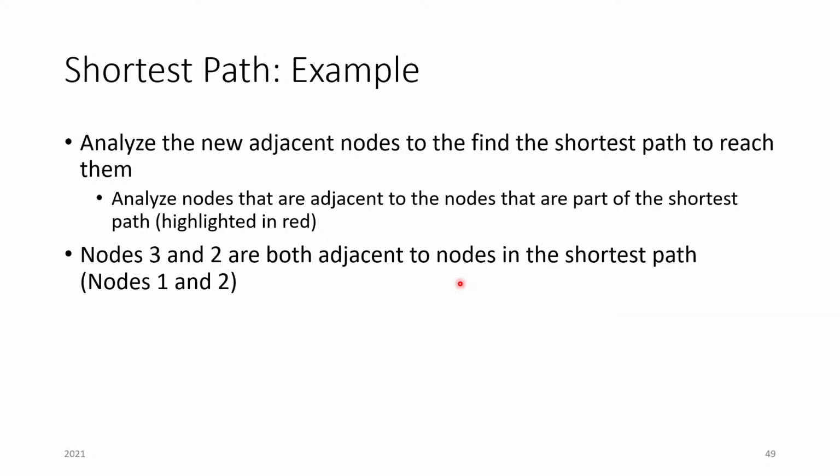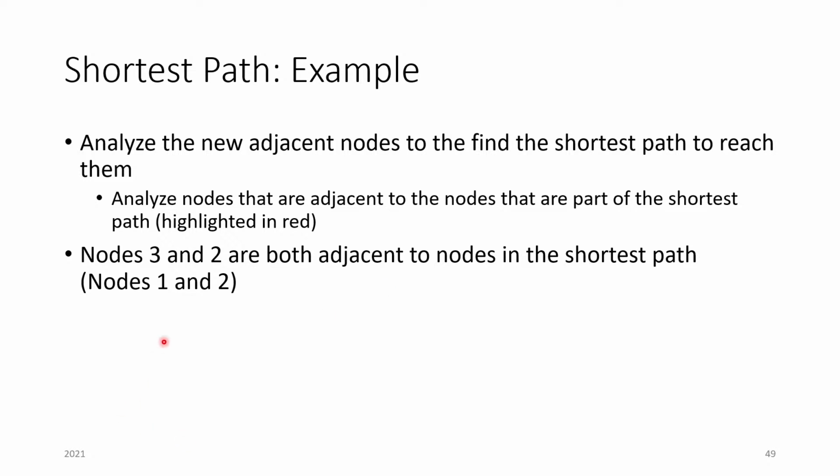After we do this, we basically repeat the process, but we use the new adjacent nodes to find the shortest path to reach them. And we just keep on repeating this process until we cover all the nodes and get all the required shortest distances. In this particular case, when we updated our graph, nodes 3 and 2 are going to be adjacent to the nodes in our shortest path that we highlighted.